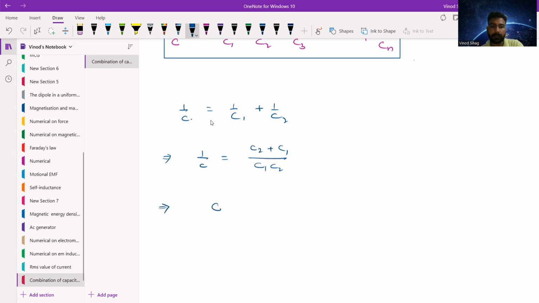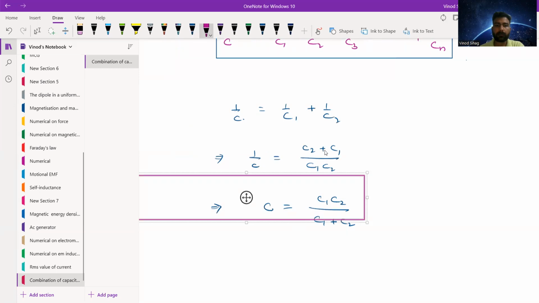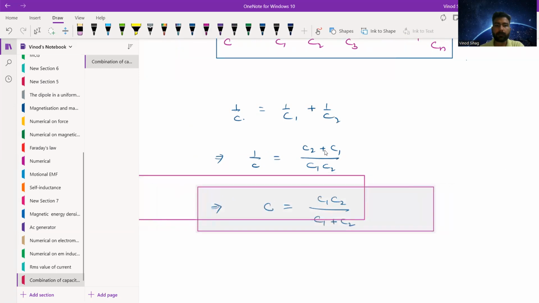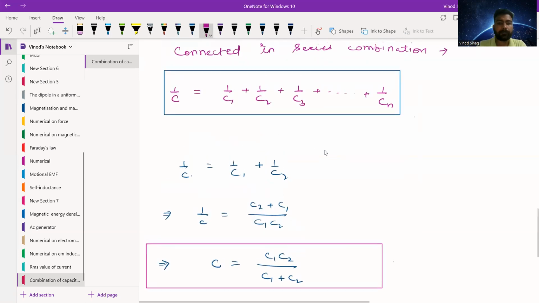Therefore, the equivalent capacitance will be C1 into C2 divided by C1 plus C2. This will be the equivalent capacitance.